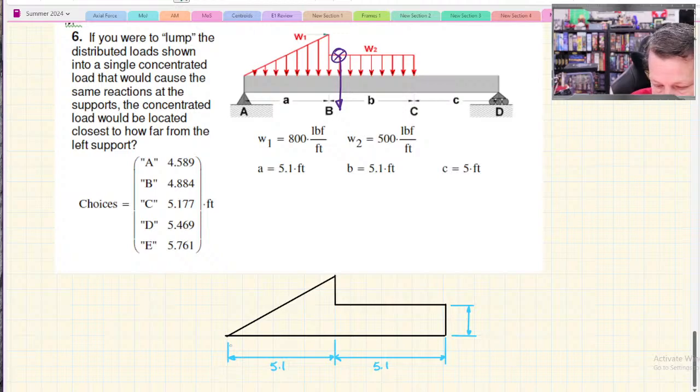W2, so the height here is 500 pounds per foot. I'm just going to leave the units off, but it would be 500 pounds per foot. W1 goes from 0 at the pointy end to some height over here. Oh, W1 is 800.